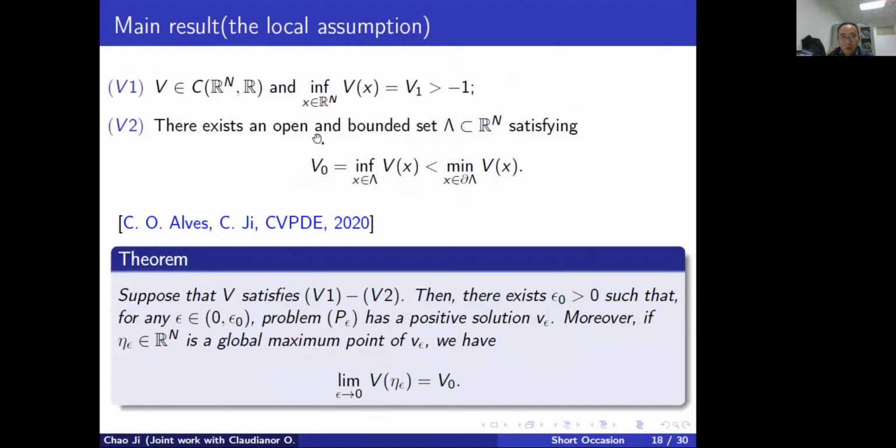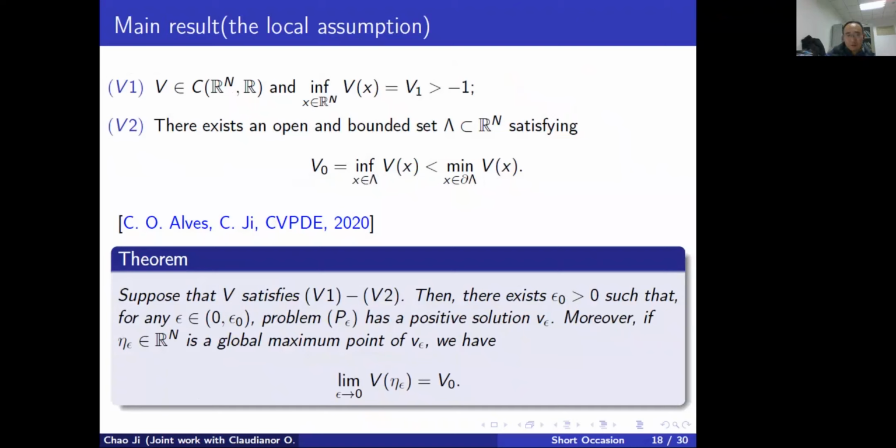There exists an open and bounded set lambda satisfying the infimum of V of x over lambda is less than the minimum of V of x over the boundary of lambda.